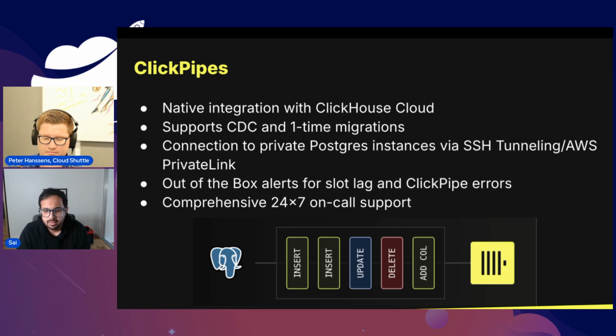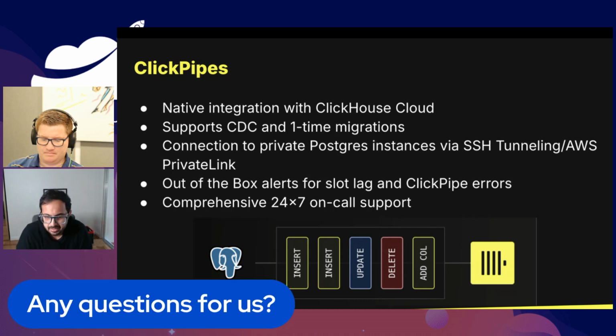Say your application is purely analytical, it's running on Postgres, it has outgrown it and is not performing that well, and you want to do a one-time migration to ClickHouse and offload that workload. We have seen customers use ClickPipes even for these one-time migrations. One is the coexistence use case where you continuously replicate and have both Postgres and ClickHouse together. The other is these one-time migrations, if that makes sense.